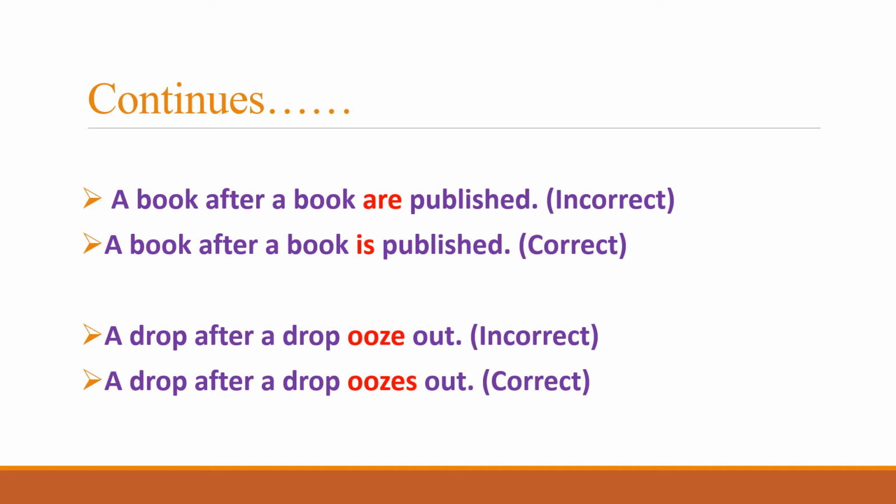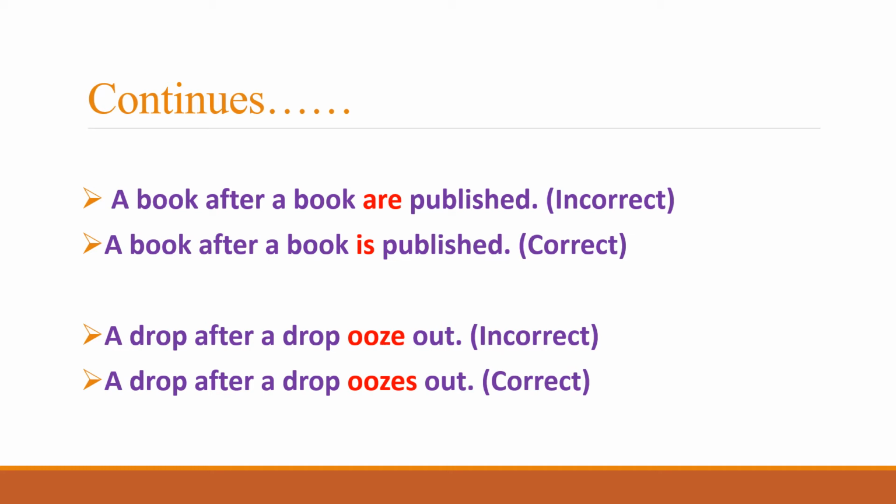So ooze is not appropriate here because it stands for plural nouns, whereas we would treat this drop after drop as a third person singular noun, so we would add s with the first form of the verb.